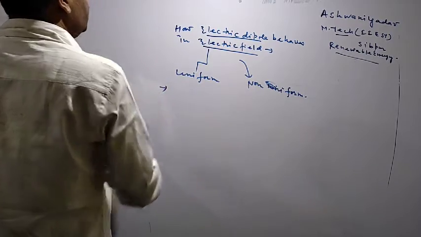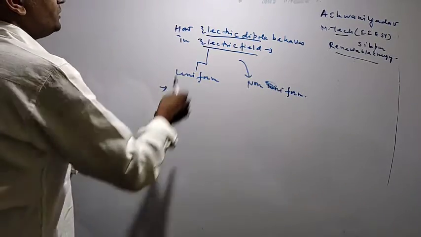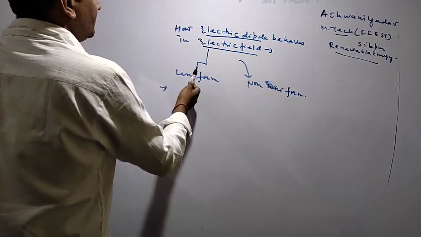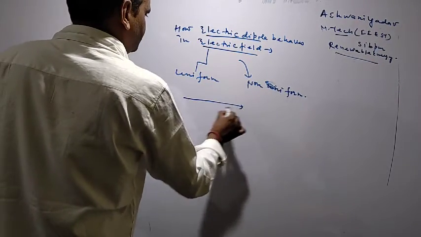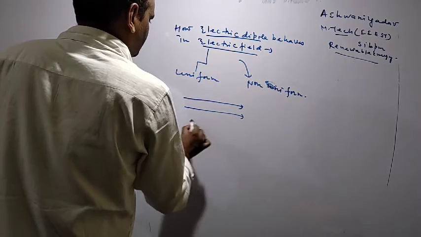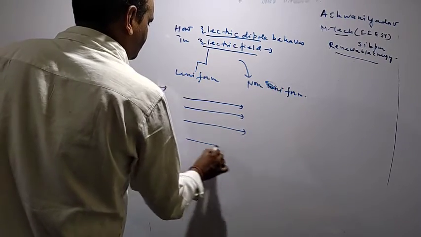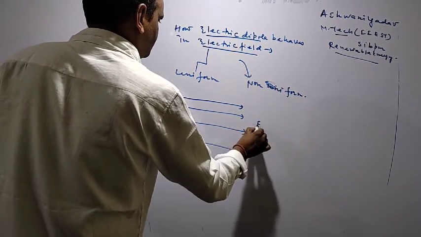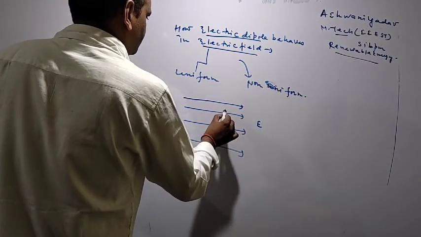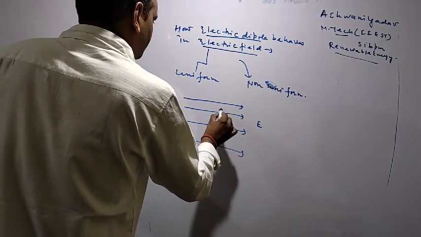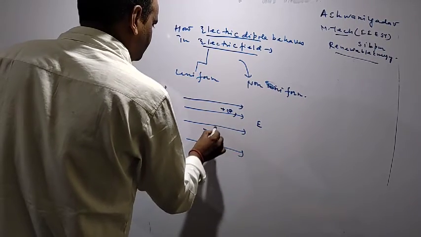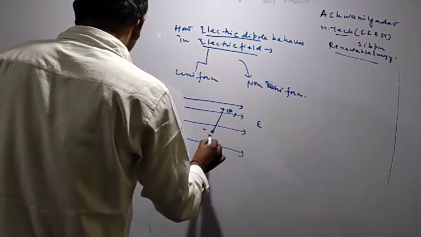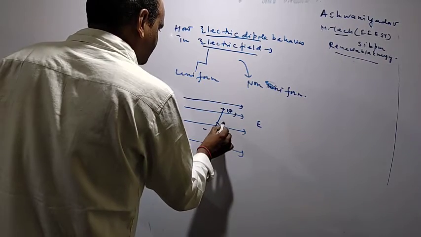What will happen? So when you put the electric dipole in uniform electric field, like this, suppose this is electric field and this is plus Q and this is minus Q, and this is making an angle theta.